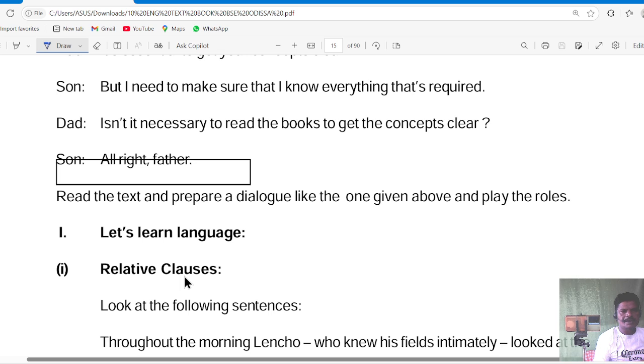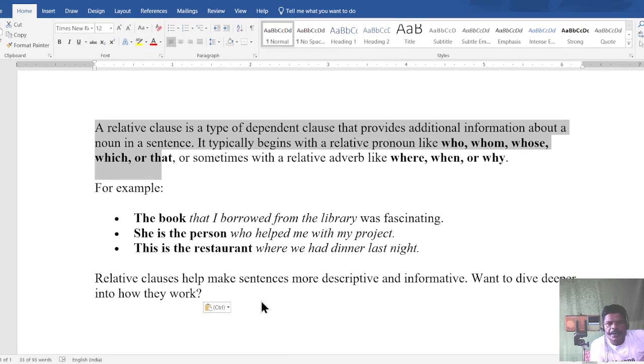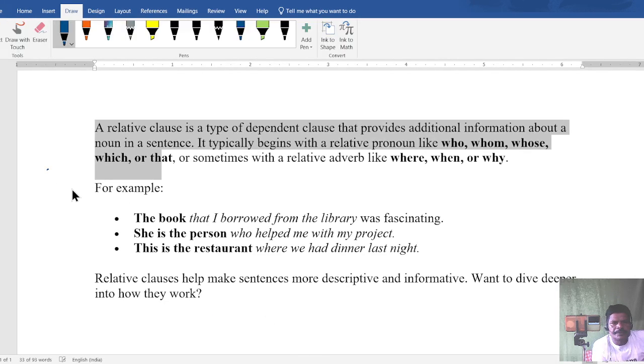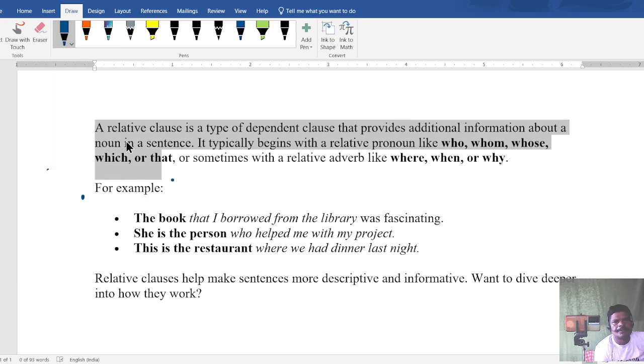What is a relative clause? A relative clause is a type of dependent clause that provides additional information about a noun in a sentence.